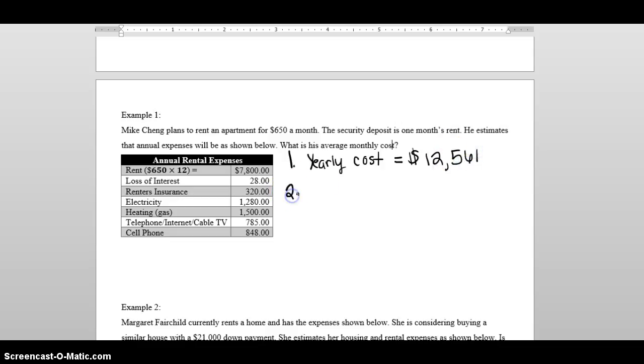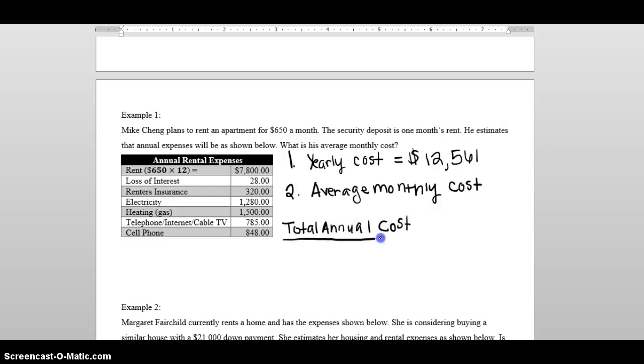The second thing we're going to do is find the average monthly cost, which is found by taking our total annual cost and dividing by the number of months.